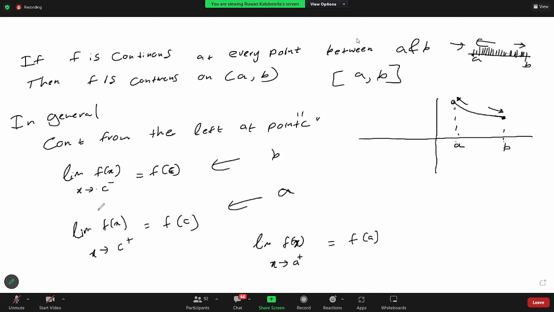We have to check the two endpoints using these rules. We only consider the one-sided limit of the function, check the defined value at that point, and check whether these two are equal.